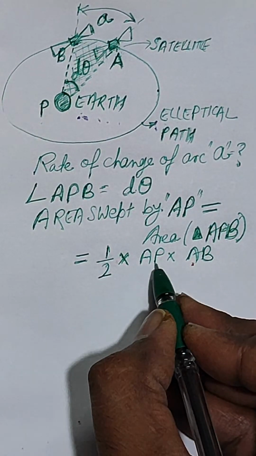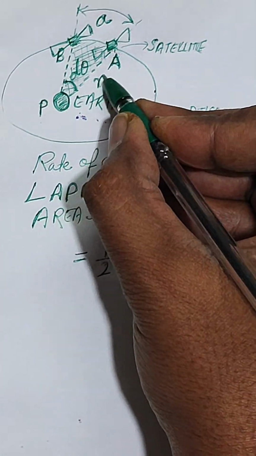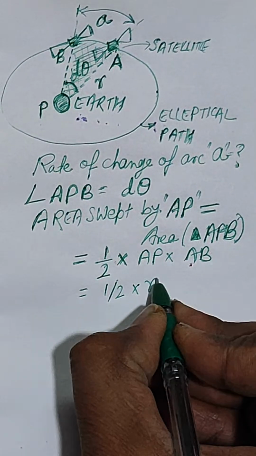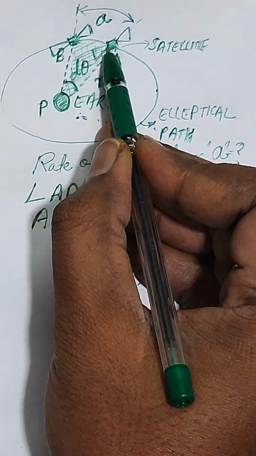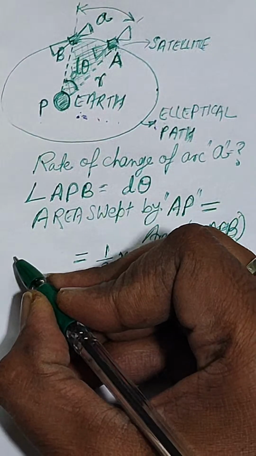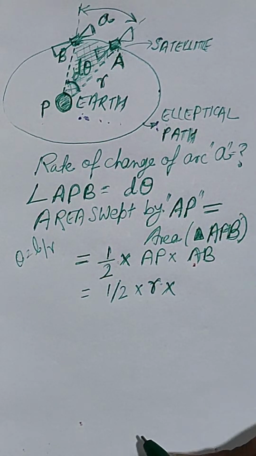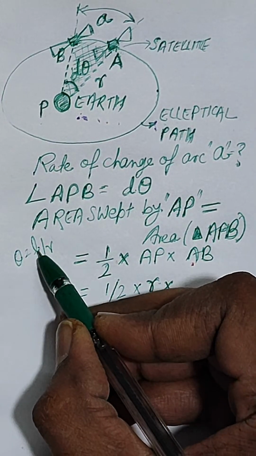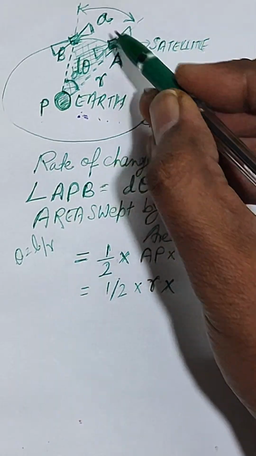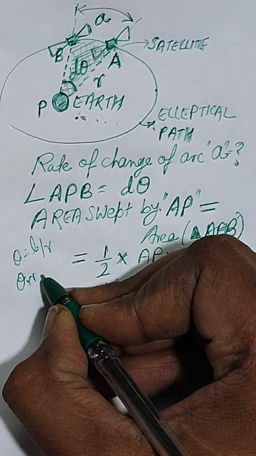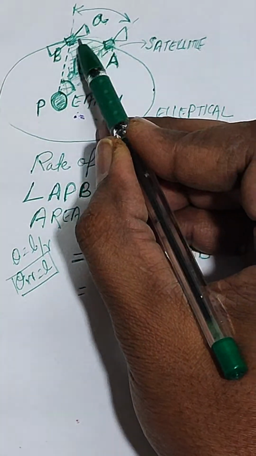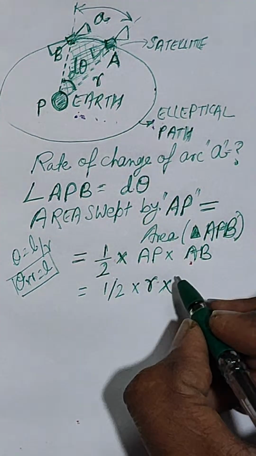Now AP is nothing but R. So we can write half into R into AB, where AB is the arc A. We know that theta equals L by R. So if the length of the arc needs to be defined, then the length of the arc equals theta into R. So from here you can write the length of this arc AB, the change in the length of arc.